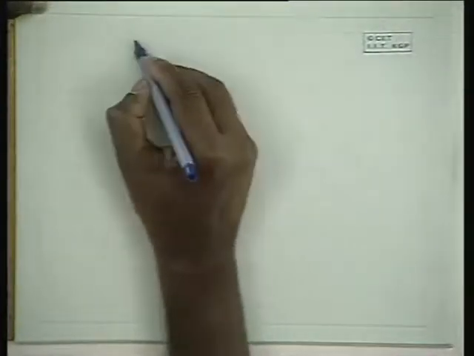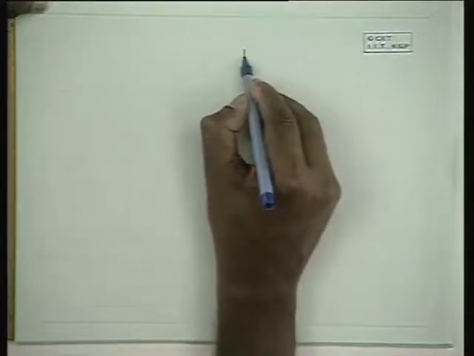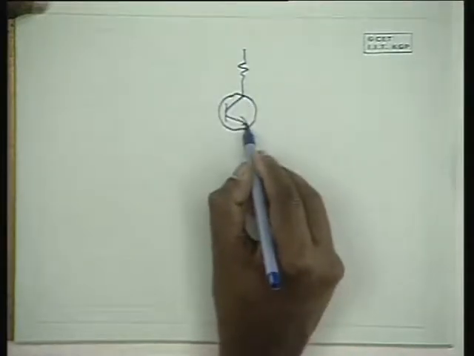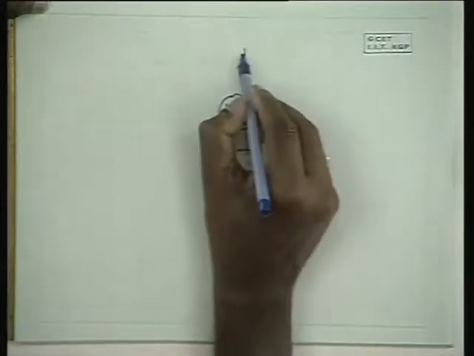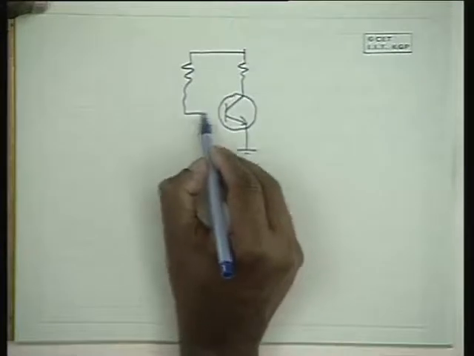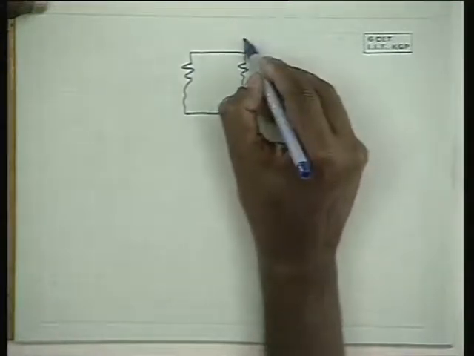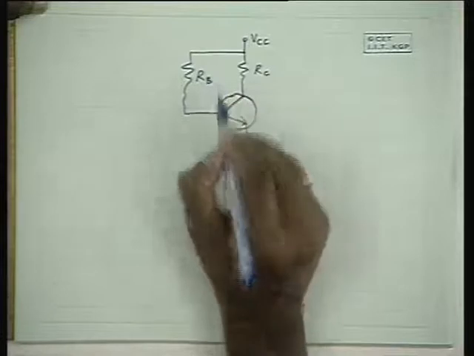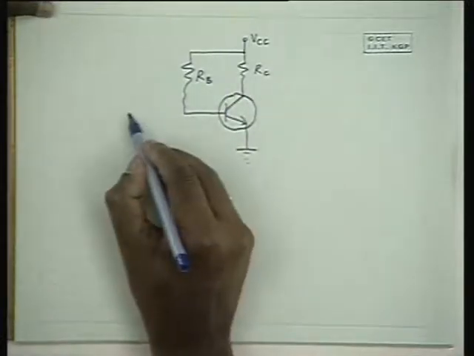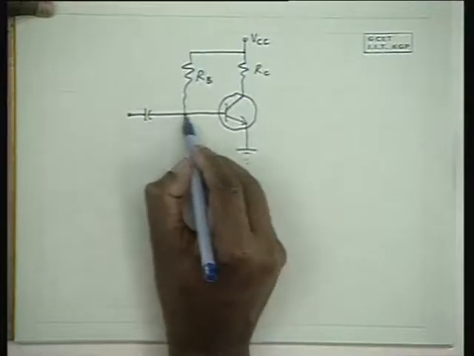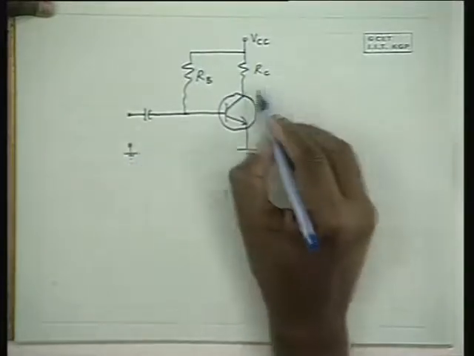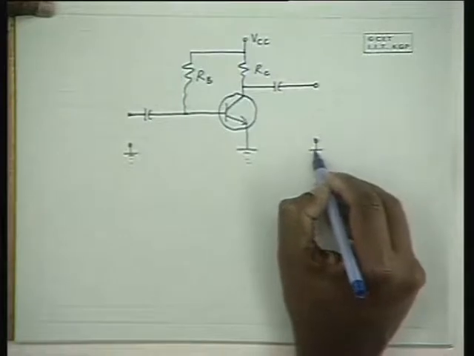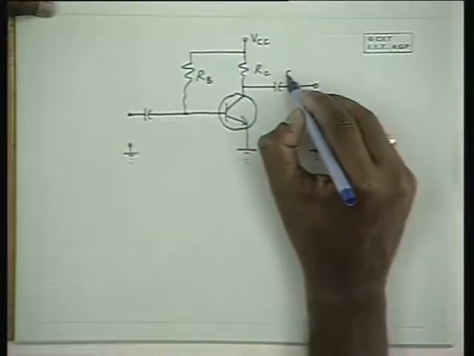We have seen that a self-bias circuit, or maybe a fixed bias circuit, let me use a fixed bias circuit because it is very simple, of this type can be used as an amplifier because it biases the transistor in the active region, and we can apply an input signal to it through a coupling capacitor, and we can take the amplified signal from the collector or between the collector and the ground through another coupling capacitor.